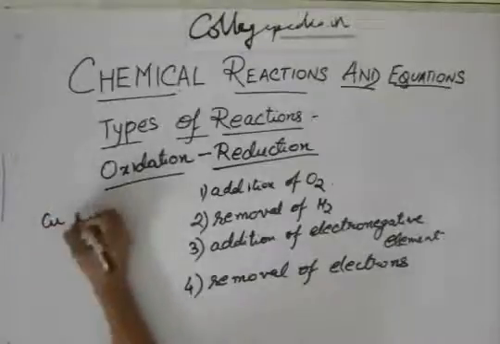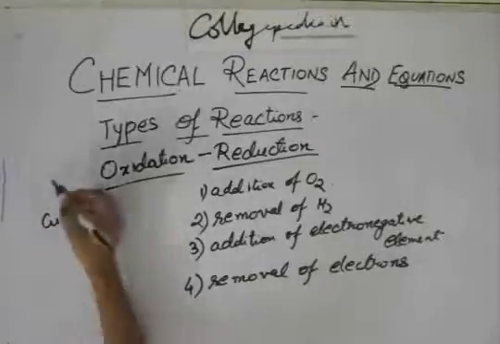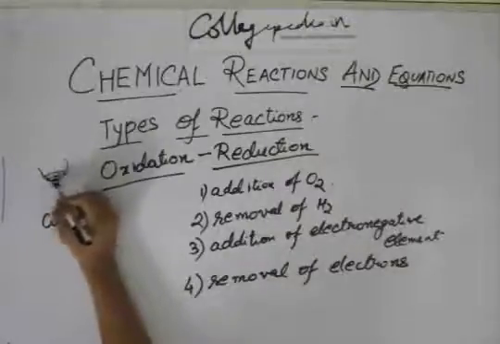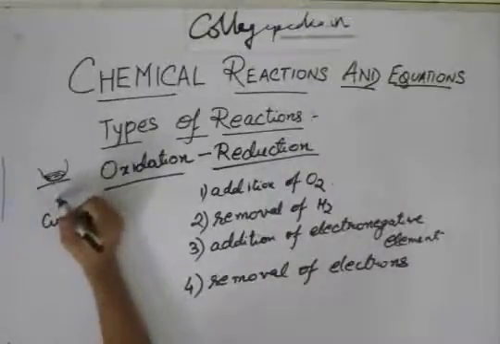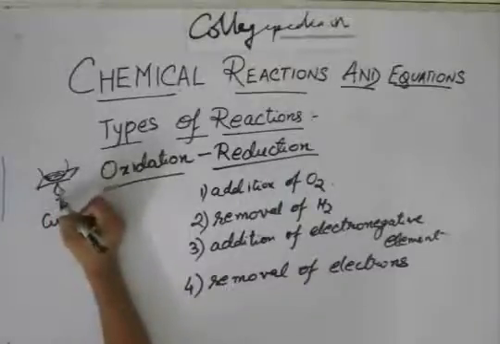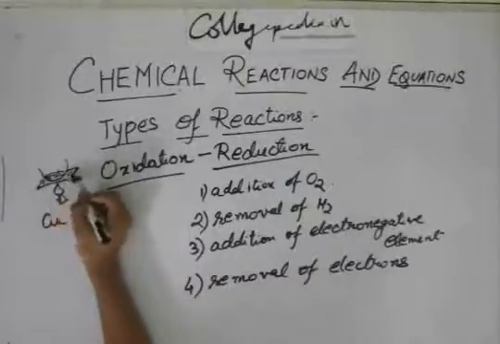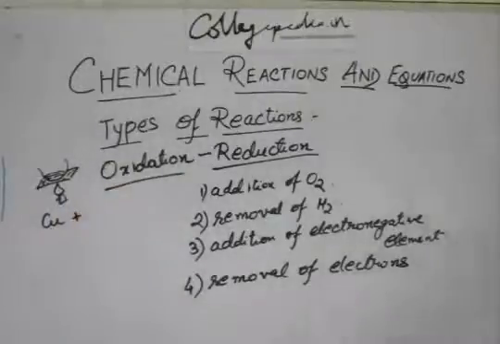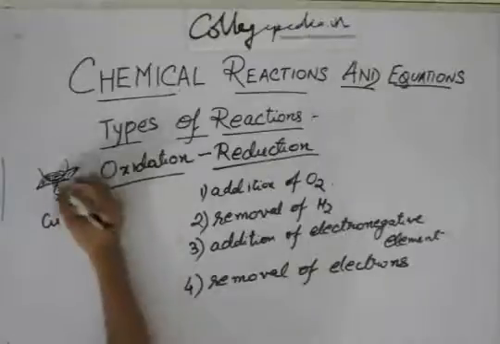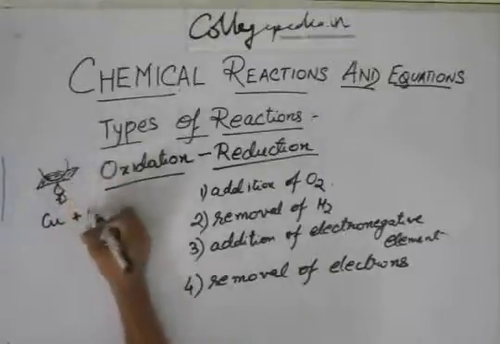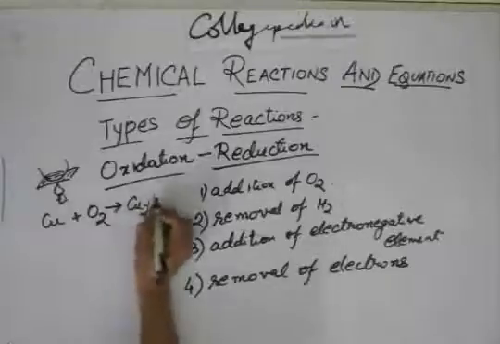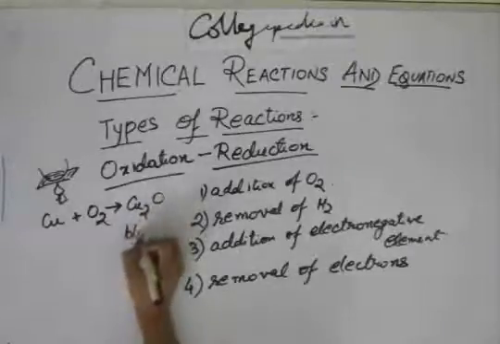You have copper, or they'll ask you, you have copper in a china dish and you heat it on a Bunsen burner. So what will happen? This brown colored copper, on reaction with oxygen, gives Cu2O, which is black in color.